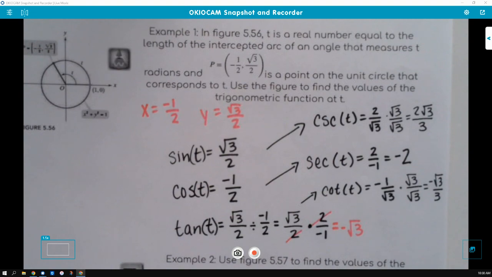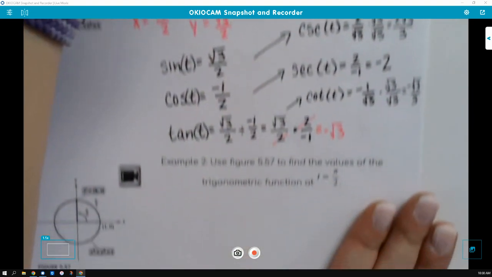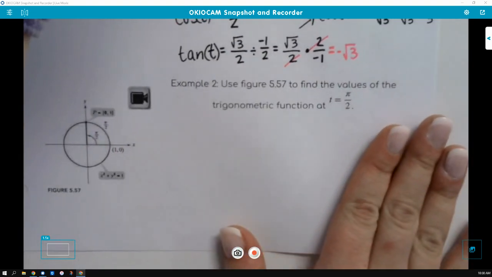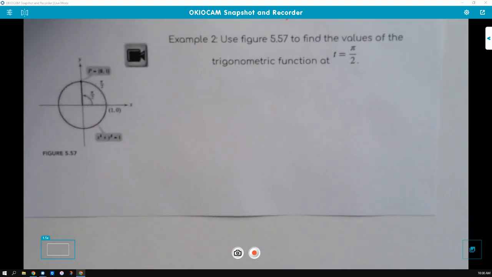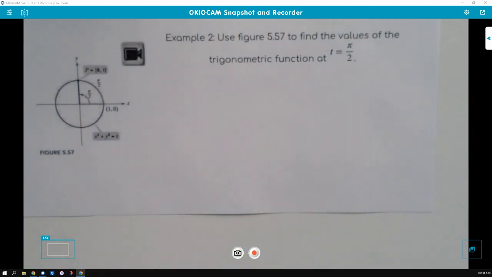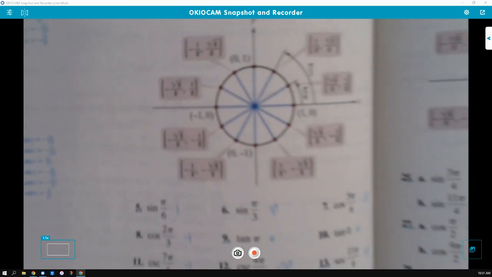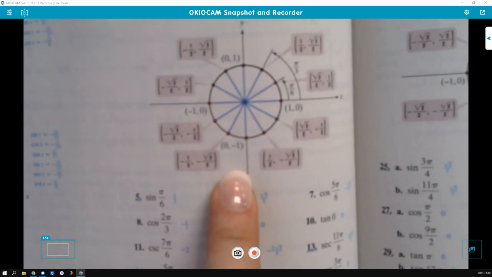Last thing that we're going to do today is this problem down here. It says use figure 5.57 to find the values of the trigonometric function at t equals pi over 2. In my textbook, it'll be on MathXL for you, there's a whole chunk of problems that say use this graph.